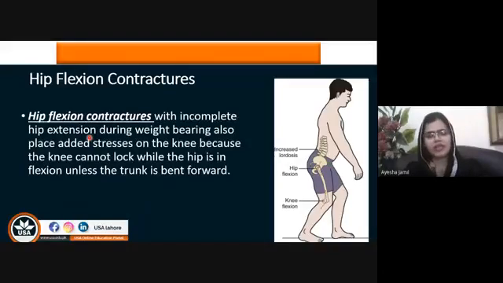Obviously, whenever there is hip flexion produced by the rectus femoris or the iliopsoas due to their contracture, the opposite muscle, the antagonist muscle, obviously that is the gluteus maximus or the hamstring, will undergo lengthening as they are continuously facing the hip flexion. As the hip is flexed, the opposite antagonist muscle assumes a lengthened position because of this constant hip flexion posture.